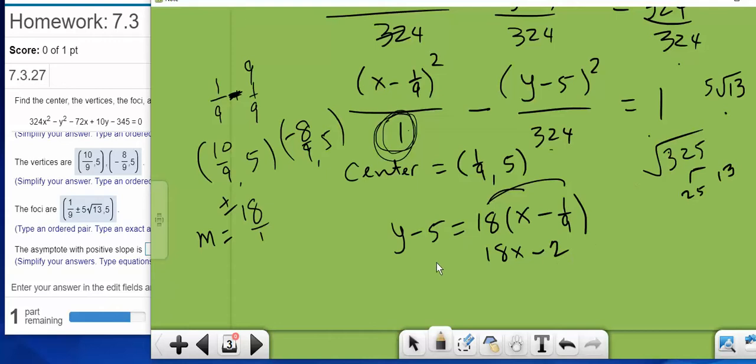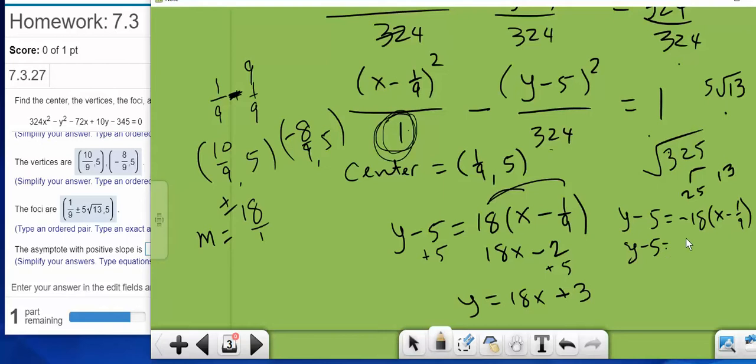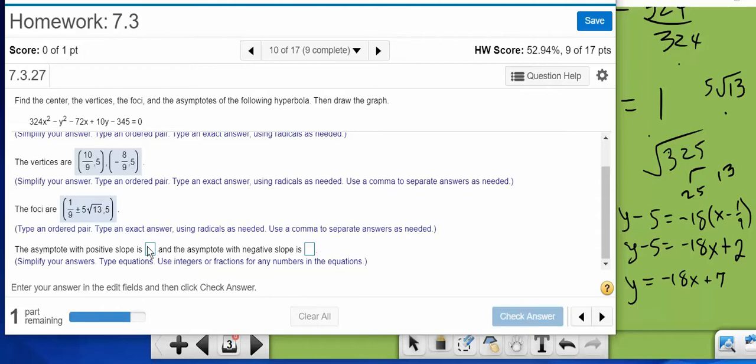Then add 5. So y equals 18x plus 3. And then let's do a negative 1. So y minus 5 equals negative 18 times x minus 1/9. So we get y minus 5 equals negative 18x. Minus a minus becomes plus. 18 divided by 9 is 2. Add 5, so we get y equals negative 18x plus 7. So those are our two asymptotes.